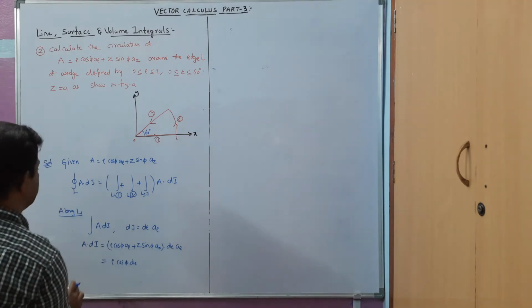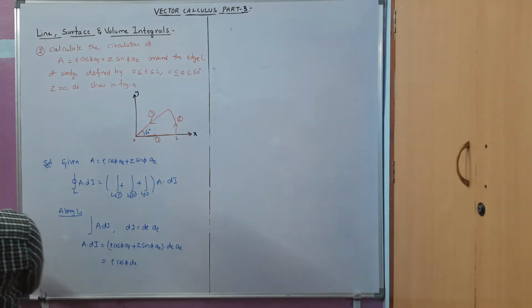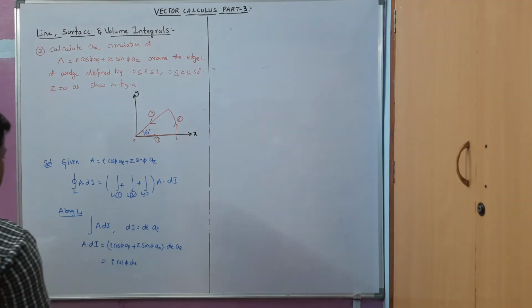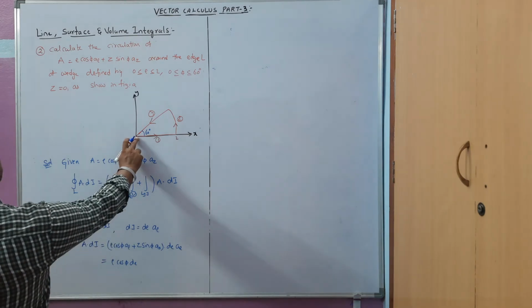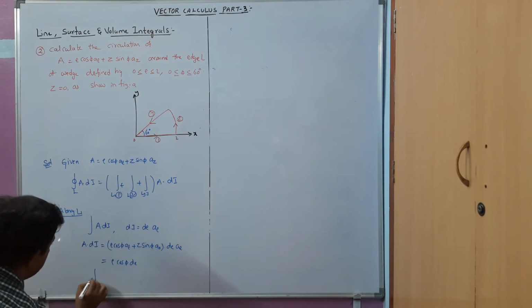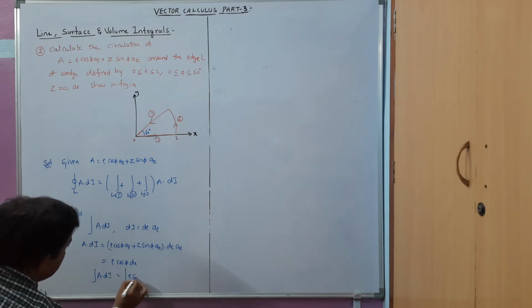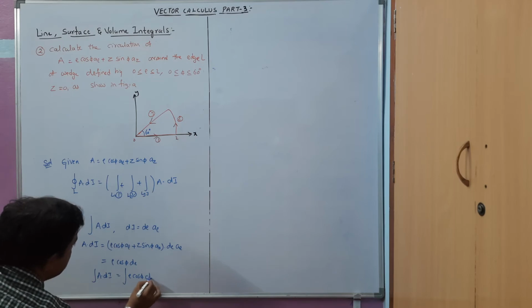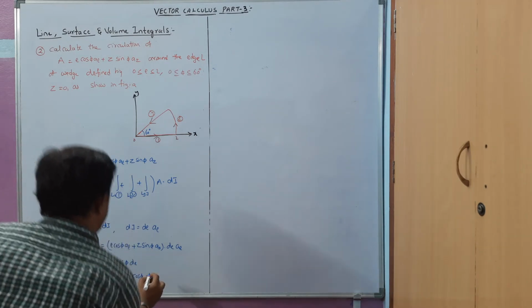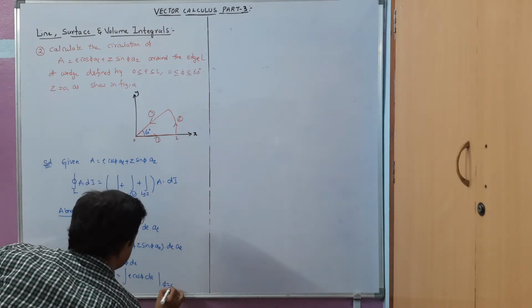So now I can take the integration for this one. So that is at phi is equal to 0. So this is phi is equal to 0 starting from that one. Integral A dot dl will become integral rho cos phi d rho. So the rho is ranging from 0 to 2 and at phi is equal to 0. So why?